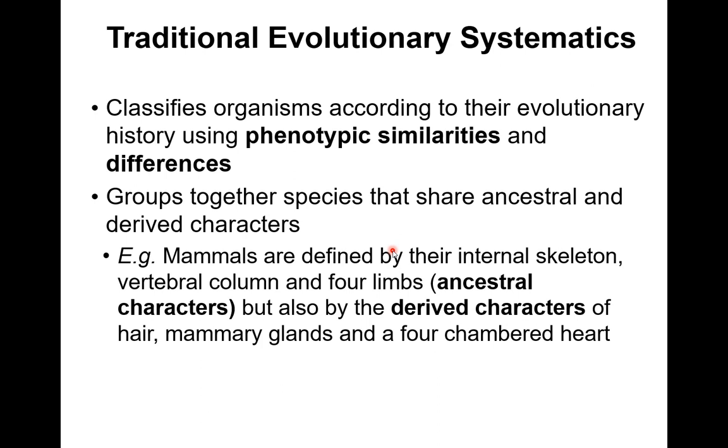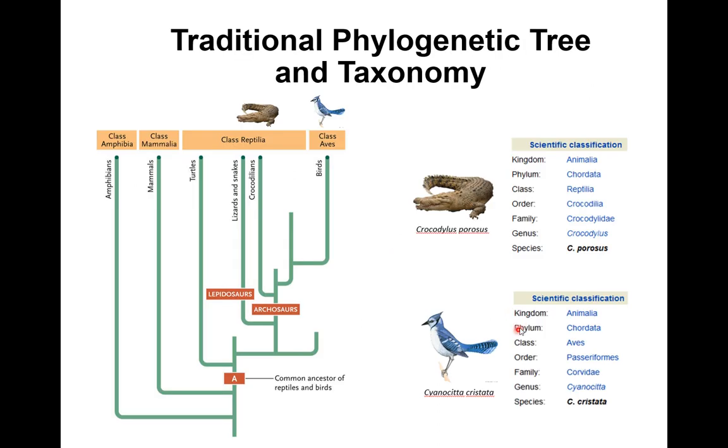And one example is how birds and reptiles are actually grouped into different classes, because even though they have the same evolutionary origin, which theoretically should make them be put in the same group, they have some morphological properties like the presence of feathers that make them different, and therefore they're classified into different groups. However, as you can see, there is a bit of a problem there, and you can see it here.